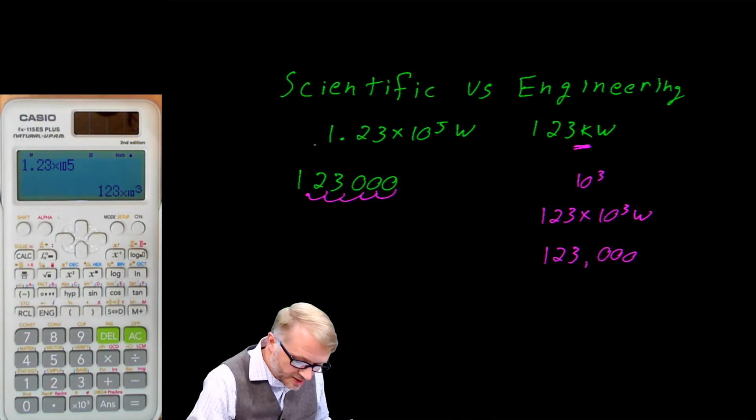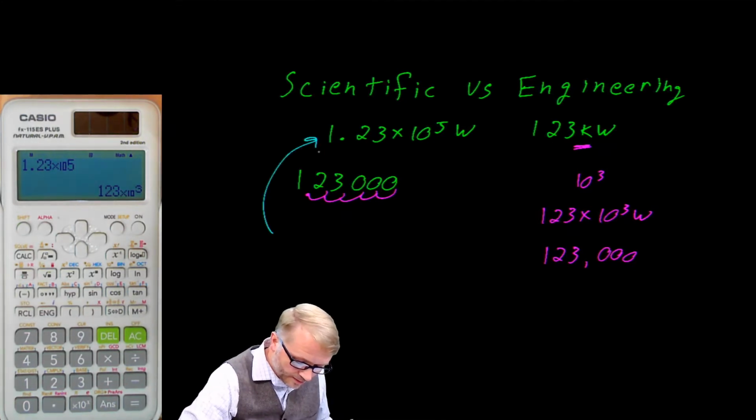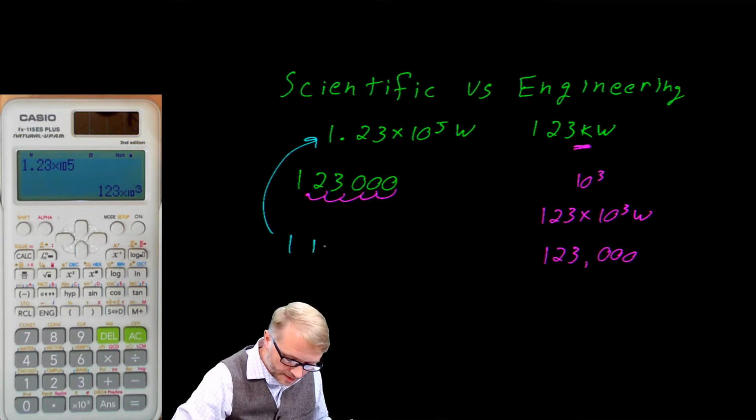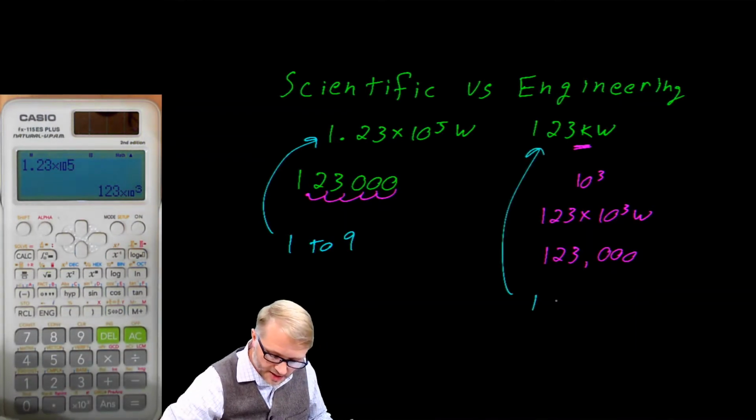Remember, in scientific notation, this first digit was between 1 and 9, whereas this first digit in engineering notation is 1 to 999.